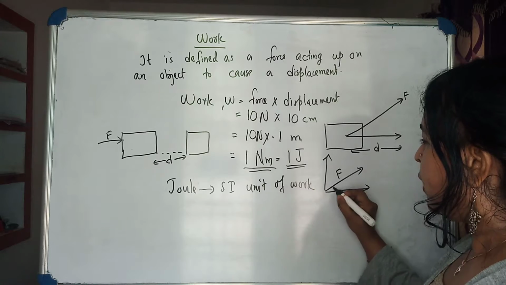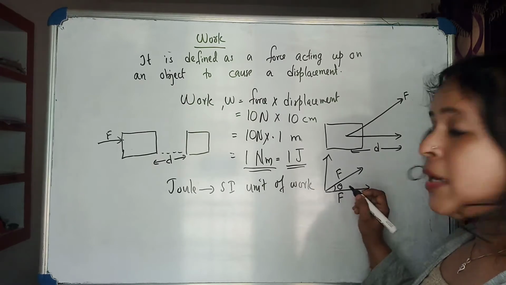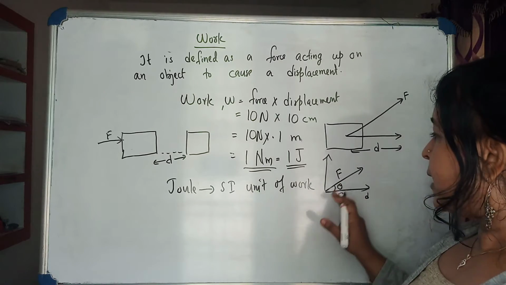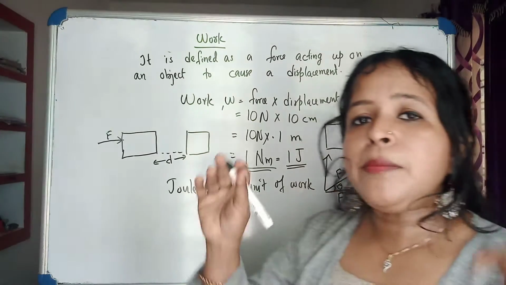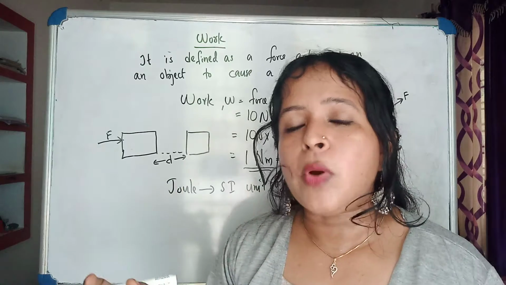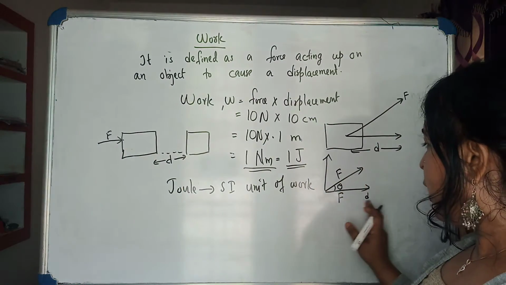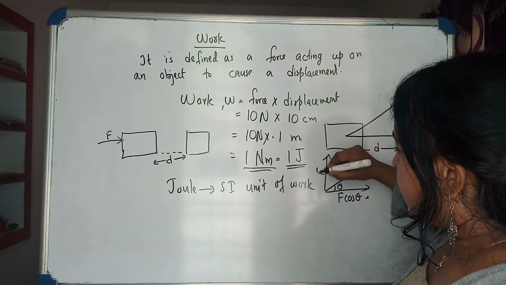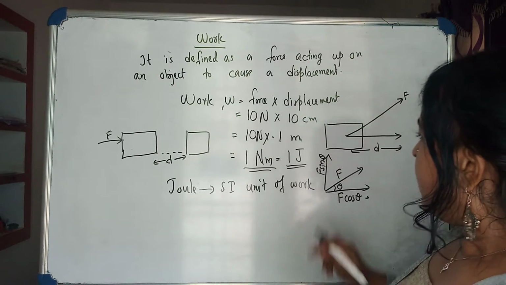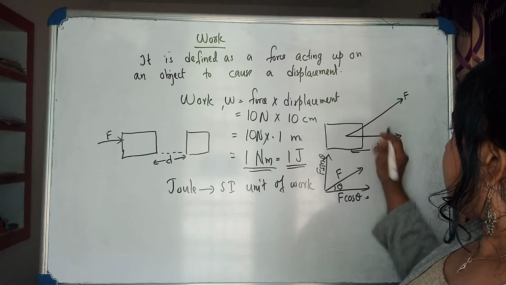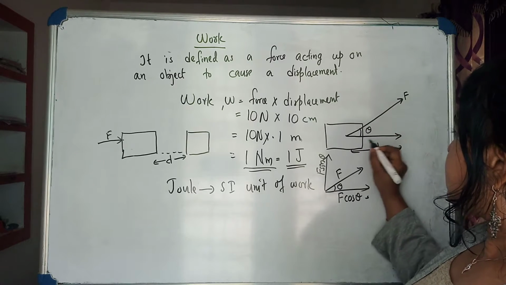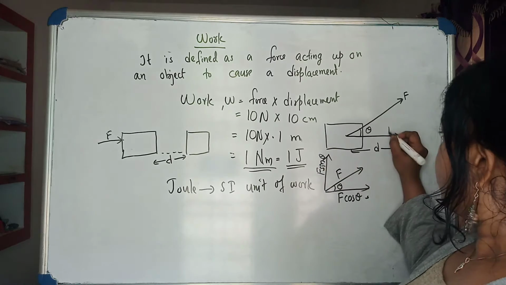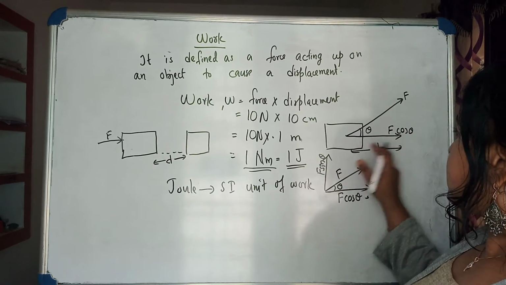If theta is the angle between force and displacement, then the force can be resolved into two components. Along this direction it is F cos theta, and in the perpendicular direction it is F sin theta. Here we notice that theta is the angle between F and D, and F cos theta is along this displacement.